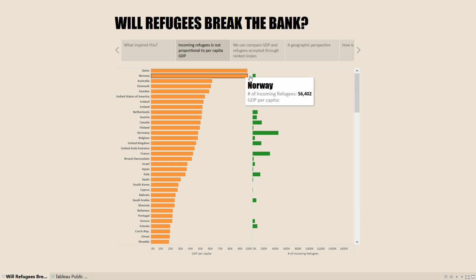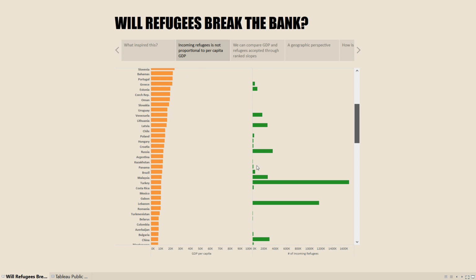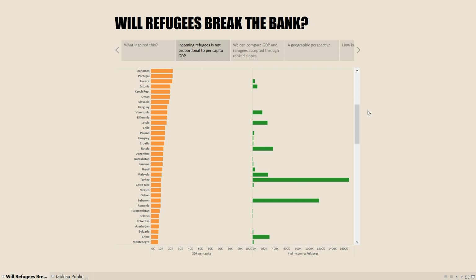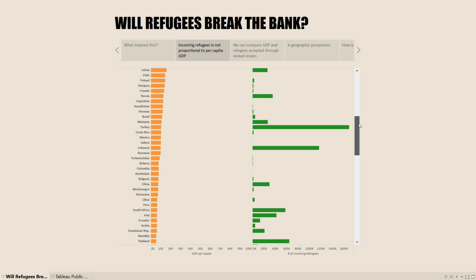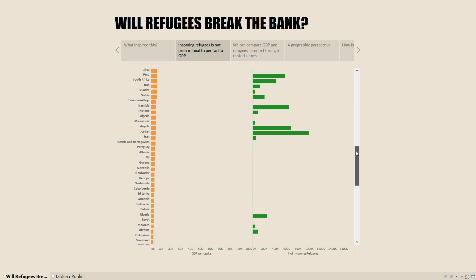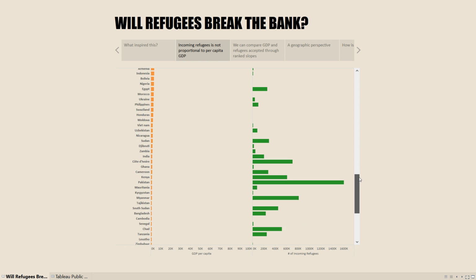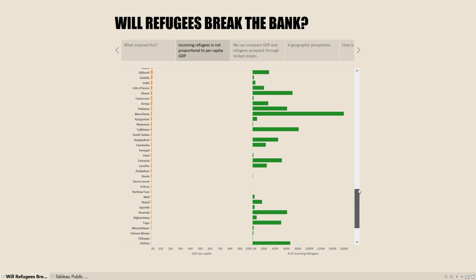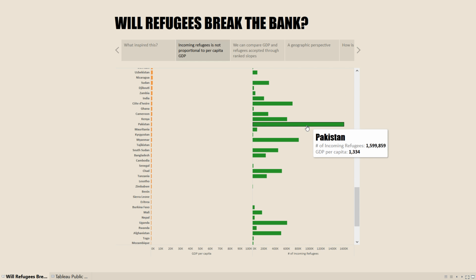You can see Qatar has almost nothing for the number of incoming refugees. If you scroll down, the ones that do have a lot of refugees coming in are lower on the GDP list. So poor countries are taking in more than rich countries. Exactly.